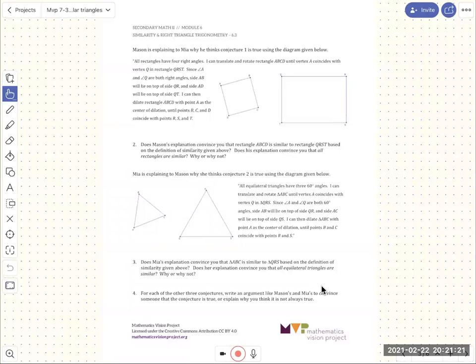Okay. Now in this one, they're saying, well, we're going to rotate until the vertex coincides, right? So what are they saying they're going to do? I think they're going to rotate that over there, or maybe rotate and translate. So I'm going to rotate and translate. Okay, and at that point I can dilate. Okay.